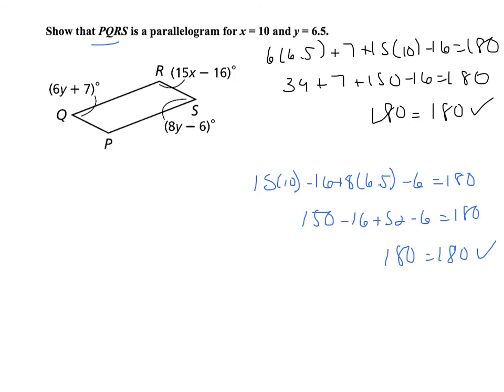Okay, so when we plug in our values for x and y, you should notice as you work it through, going from Q to R, we are supplementary. The second one, R to S, we are supplementary. So your answer should be that PQRS is a parallelogram because consecutive angles are supplementary.